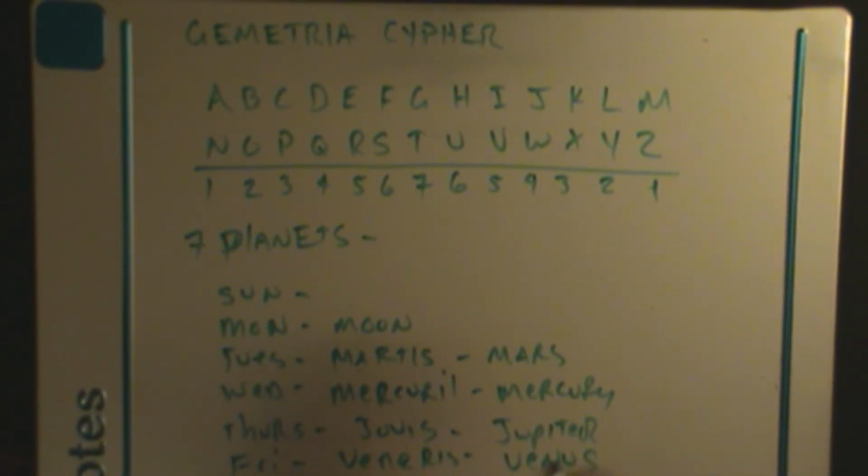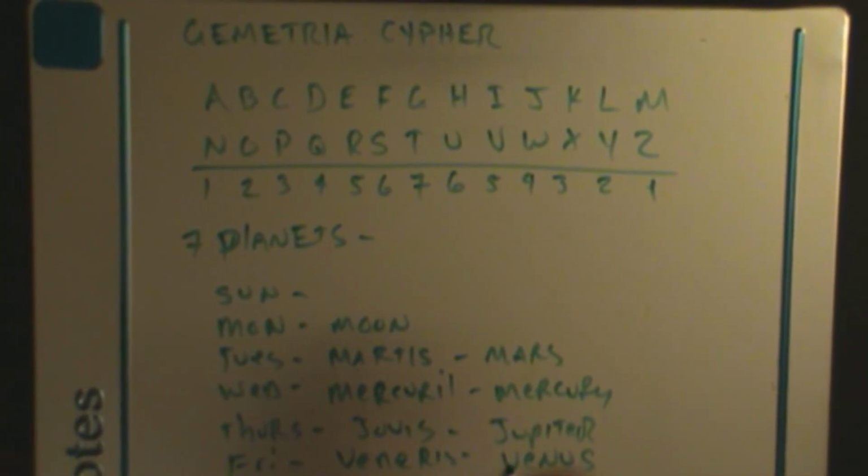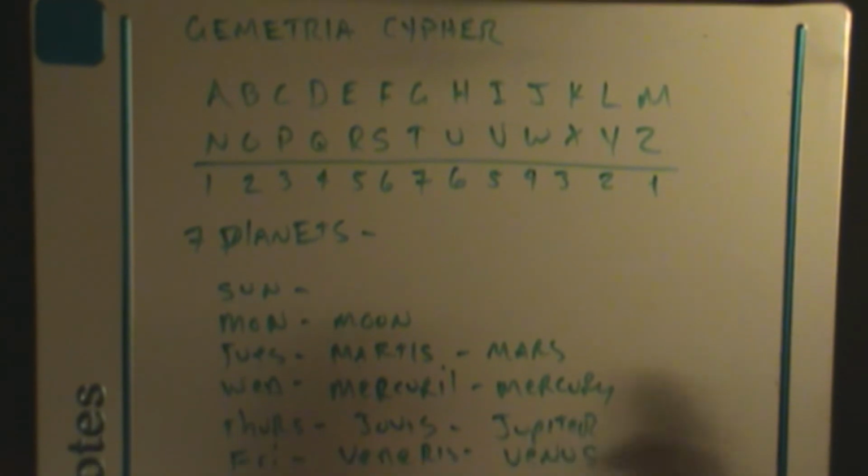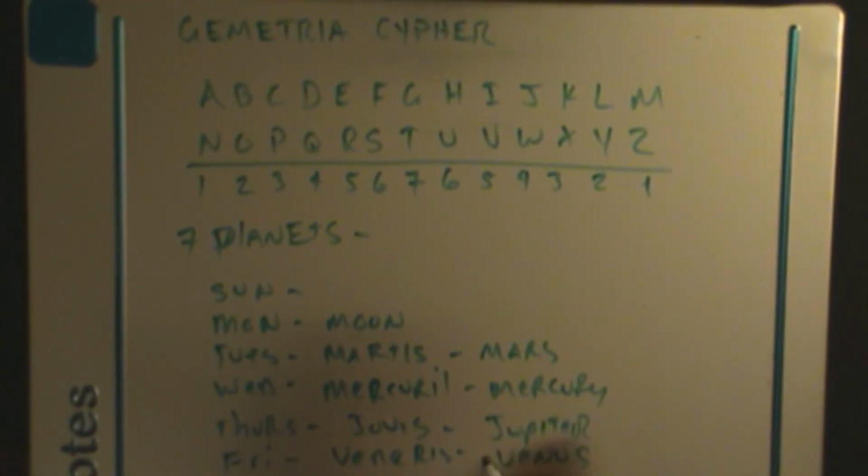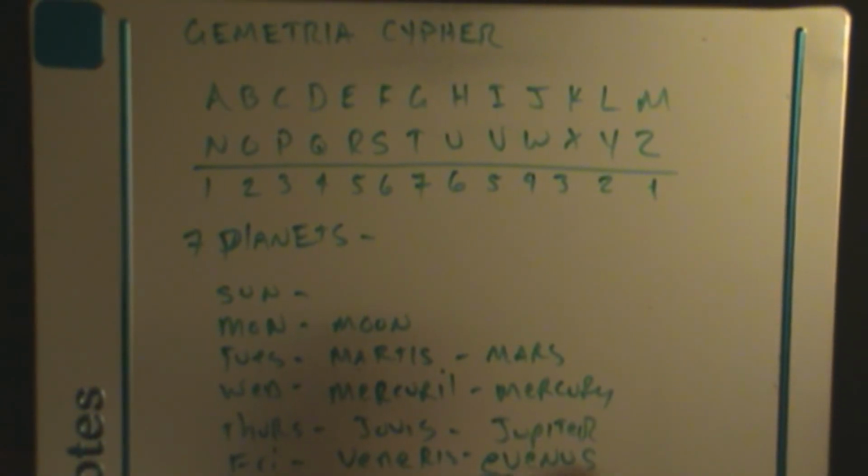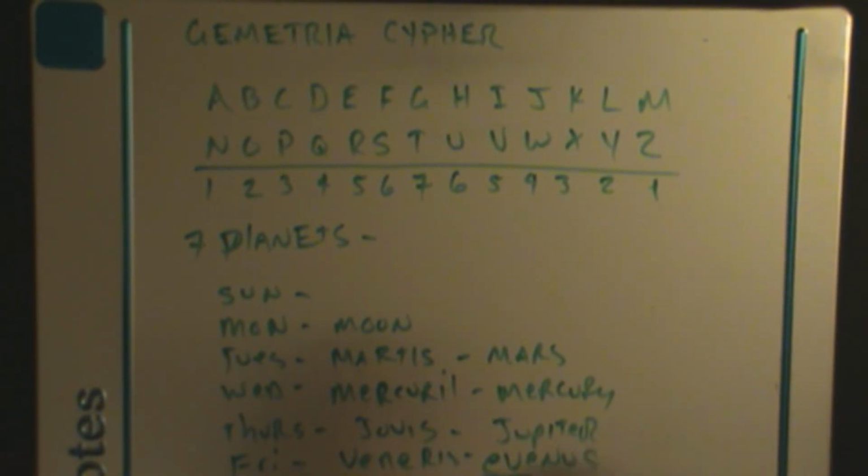Obviously, Venus has always been known as the female goddess, but Venus, if you just put an E in front of it, you have Eve, or evenness, which is a feminine quality. The even numbers in our number scale are associated with feminine, and our odd numbers are associated with male.